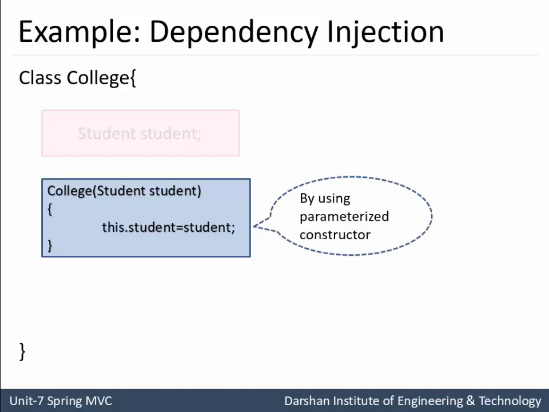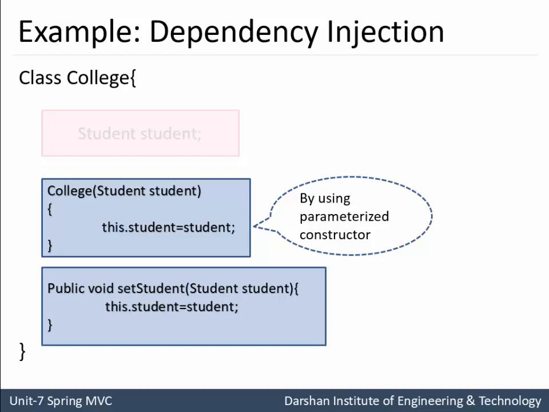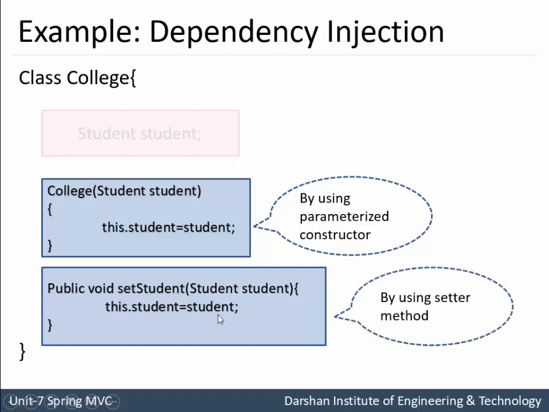So dependency injection can be implemented using a parameterized constructor also. Now another way of creating dependency injection is by using a setter method. So public void setStudent with one parameter Student, and this.student equals student.